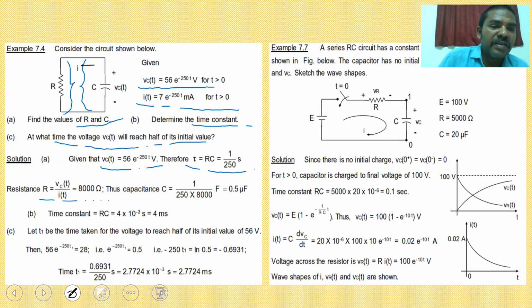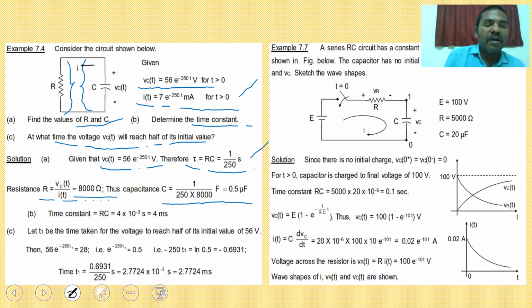So the capacitor initial voltage divided by the current, 7 e power minus 250 t milliamperes, gives a resistance value of 8000 ohms. Then substituting in the time constant, C is equal to 1 by 250 into 8000 farads, which is equal to 0.5 microfarads.